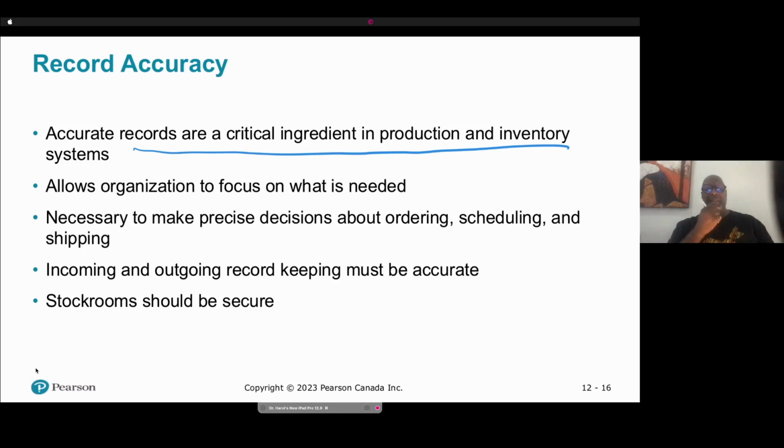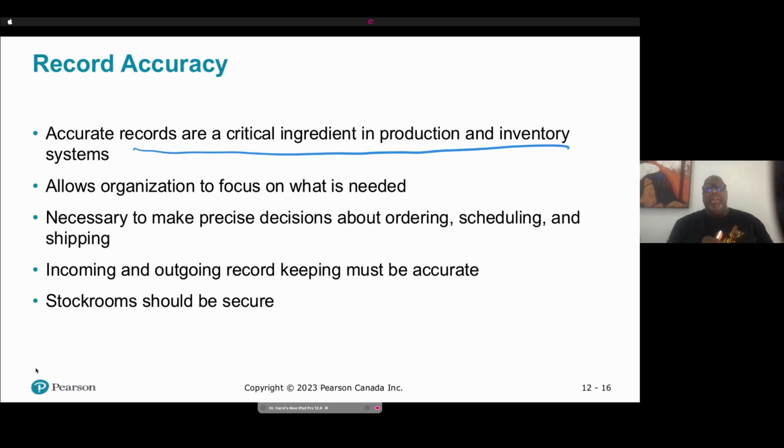It's necessary to make precise decisions about ordering, scheduling, and shipping. Again, why? Because if you have inaccurate inventory, you might prematurely place an order when you didn't have to. Or you might very well find yourself placing an order too late because you thought you had an item in stock, but it's not in stock. And so therefore it should have been ordered. So having a precise count of what your inventory levels are is critical to that.